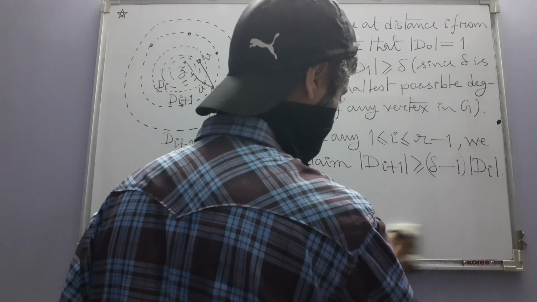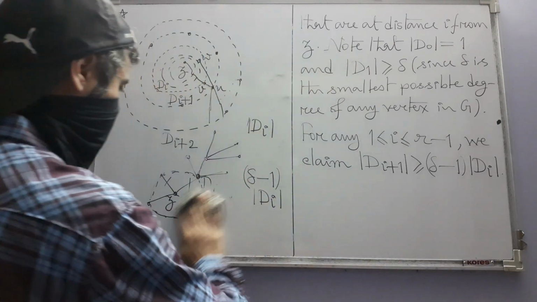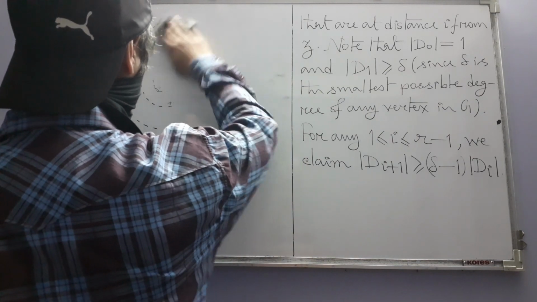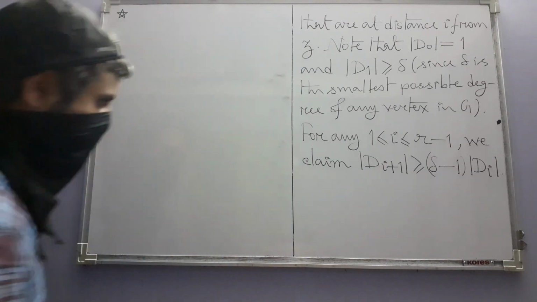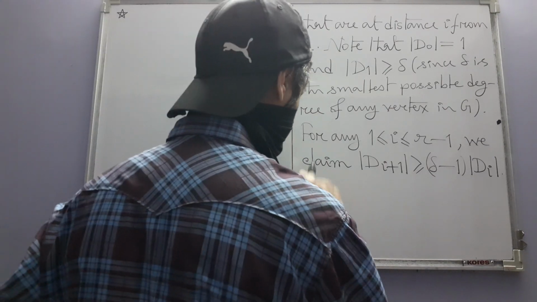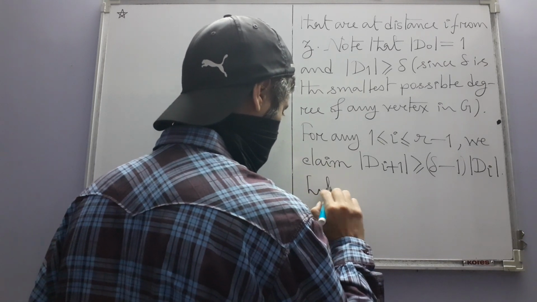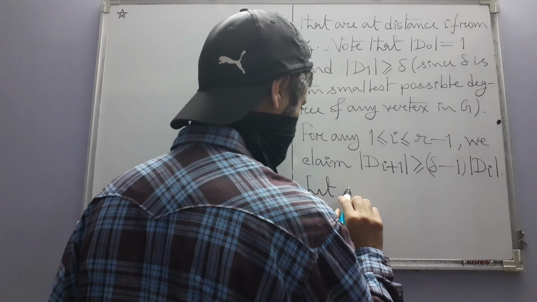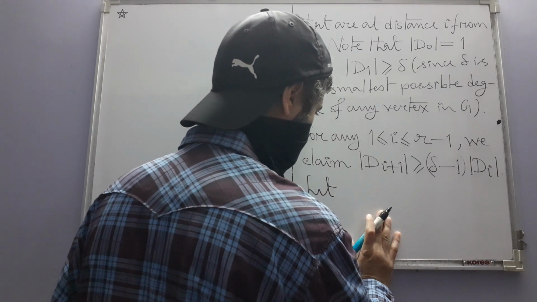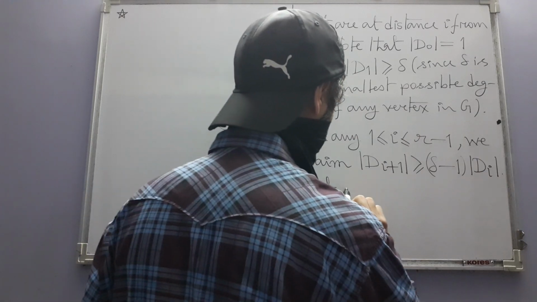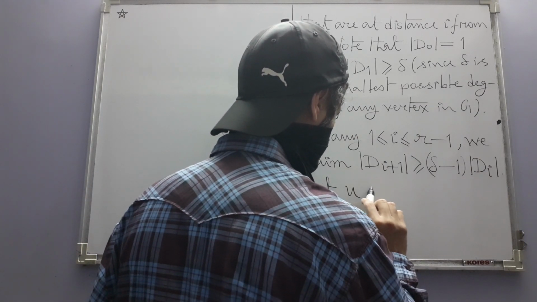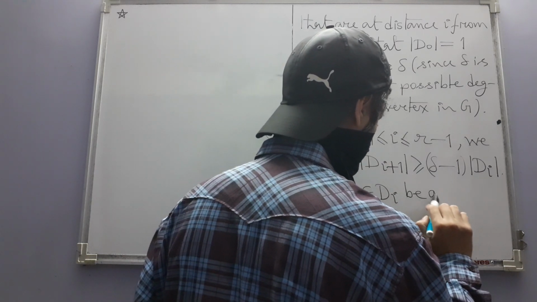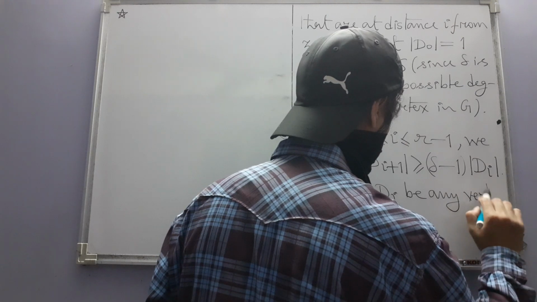Now that we understand what we are going to write, if I write systematically, you won't have any difficulty understanding. Let, oh, I forgot which one. Yeah, I think I started by considering u. Let u belonging to Di be any vertex.